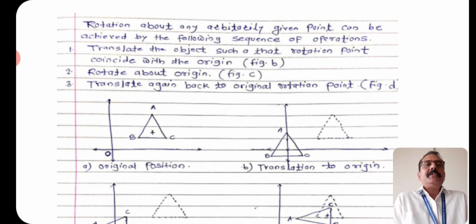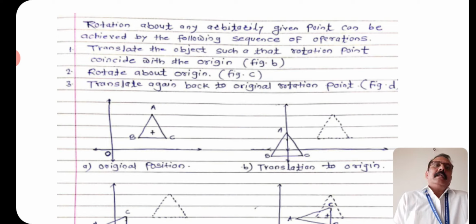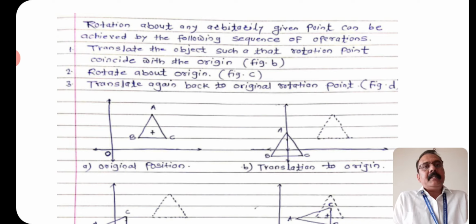It is achieved by the following sequence of operations. Figure A shows the original position. Triangle ABC is given. The plus sign indicates the point of rotation about which the triangle is to be rotated. Since it is an arbitrary point, it is not possible to directly rotate the triangle about it. Here we have to follow a certain sequence of operations. The first step is to translate the object such that the rotation point coincides with the origin.